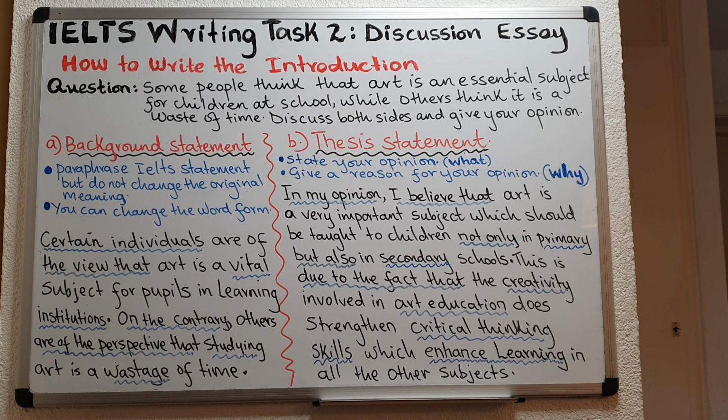I introduced my thesis statement using the words "in my opinion." And remember to put a comma after "in my opinion." In my opinion, I believe that art is a very important subject which should be taught to children not only in primary but also in secondary schools.